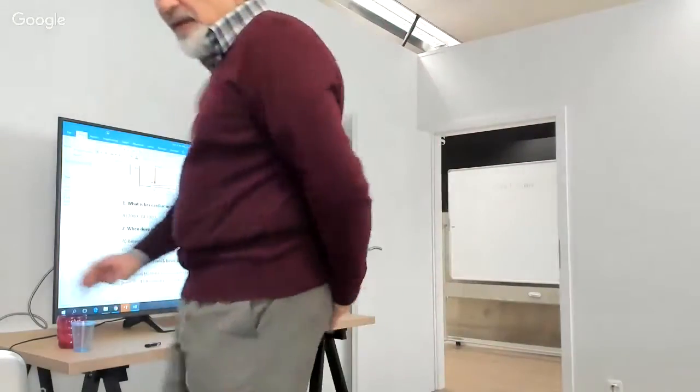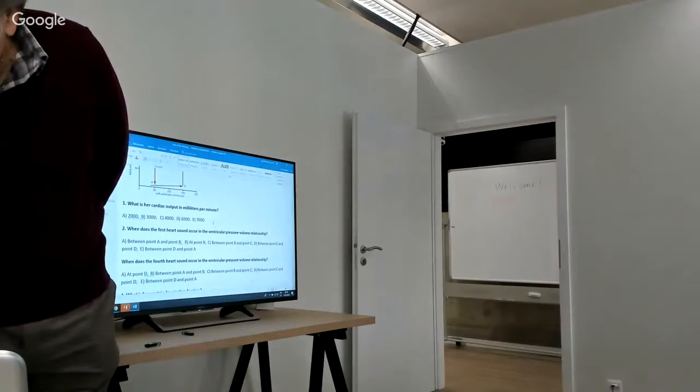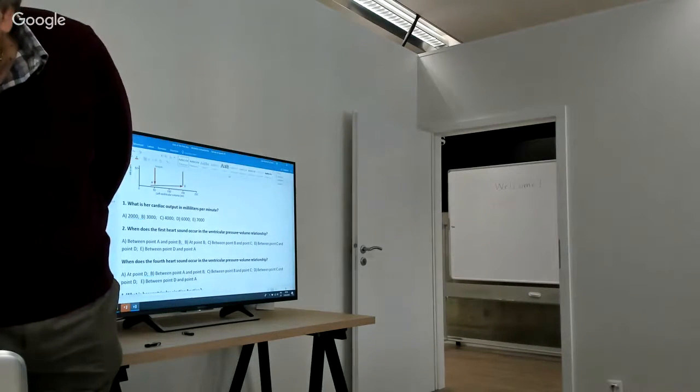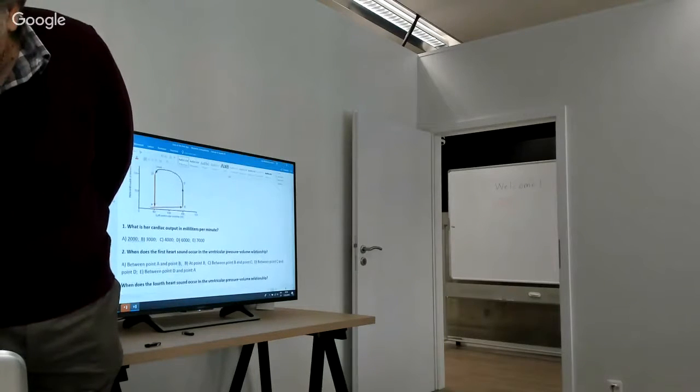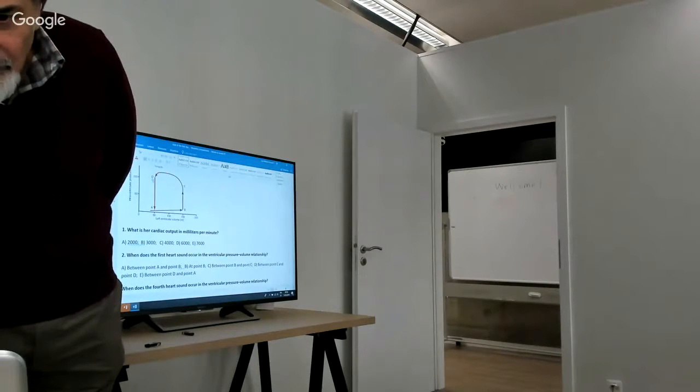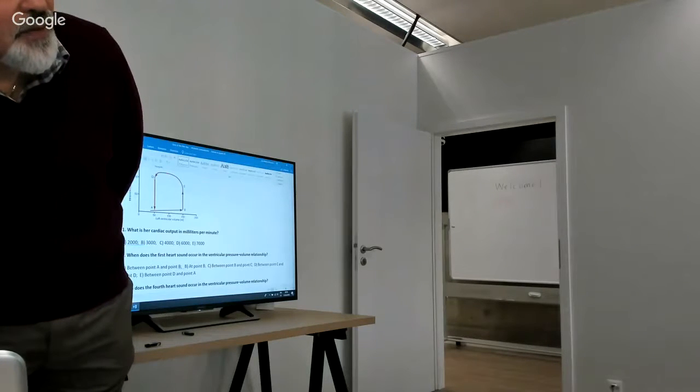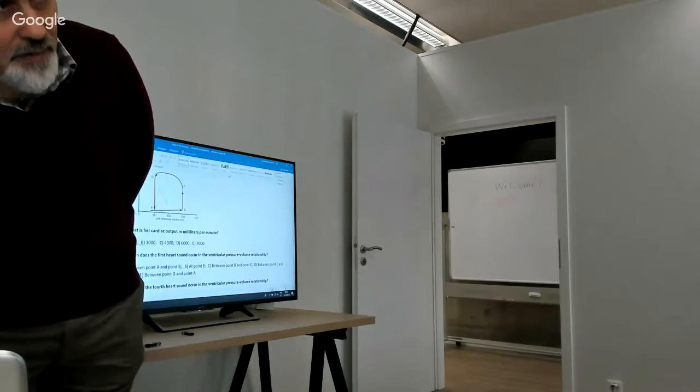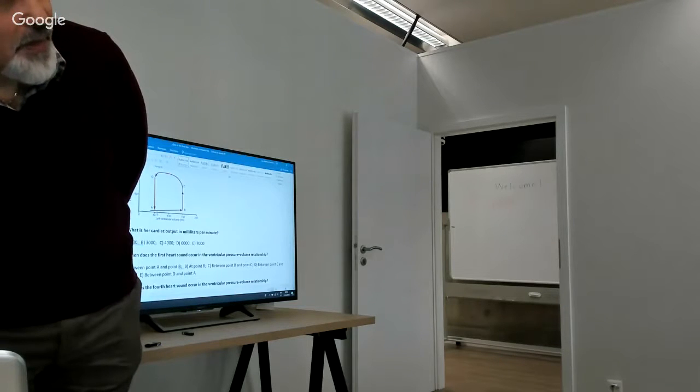At point B and point A, all the valves are already closed. There is isovolumic relaxation. Here we have the closure of the semilunar valve in protodiastole, or beginning of diastole. This is the first phase of diastole, relaxation. At the end, we have the opening of the mitral valve.